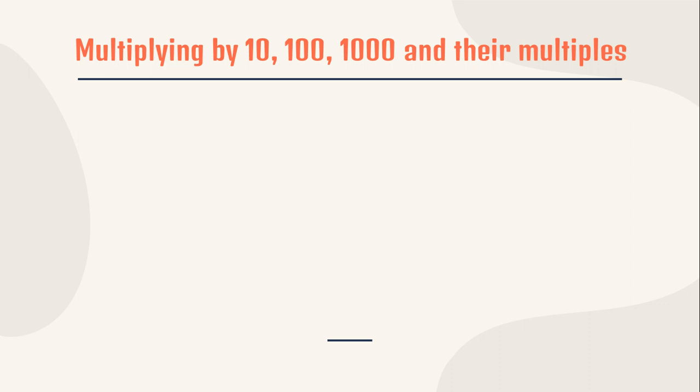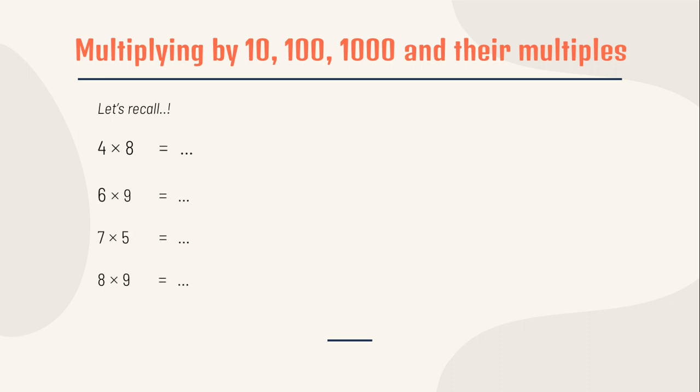In the previous grade, grade 4, you learned about multiplying 2 digits by 1 digit or 3 digits by 2 digits, like that, right? But now we will learn about 10, 100, 1000, it can be 200, it can be 3000, or maybe 30,000, because that is also their multiples. Get ready.